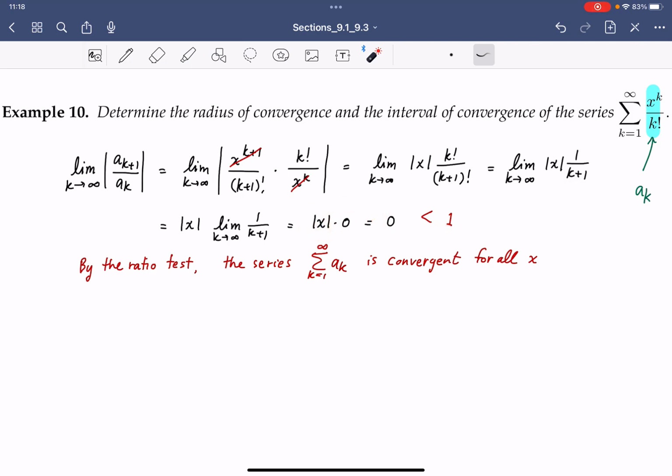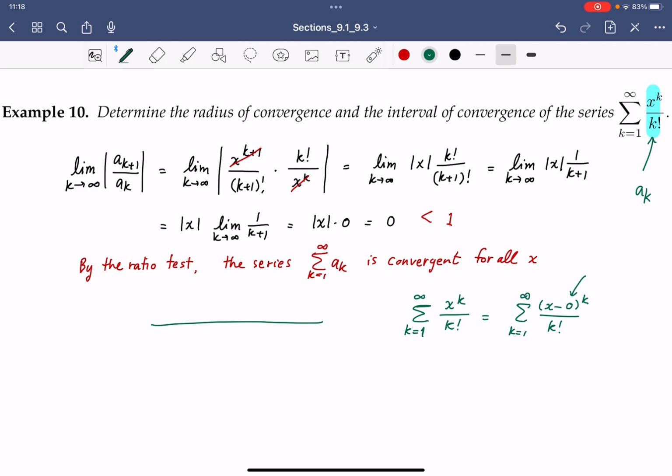So the ratio test forces you to say that this series is convergent. So what happened here is, if you can follow me, you can imagine that the summation of x to the k over k factorial is actually the summation of x minus 0 to the k over k factorial.